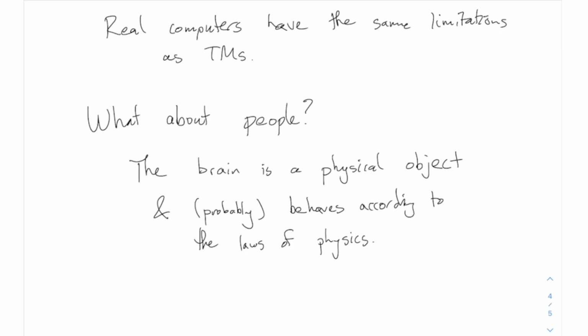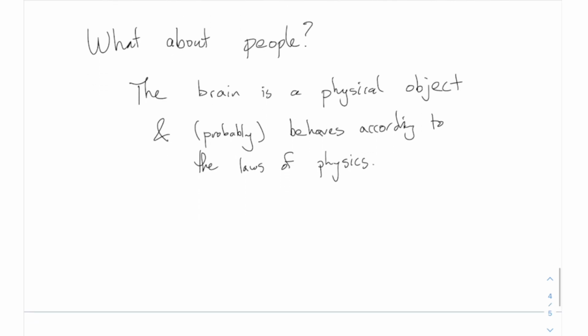I think that means it's basically like a Turing machine. I don't know, you'll have to think for yourself about what exactly that means. But this suggests to me that probably the brain is basically a Turing machine, right?